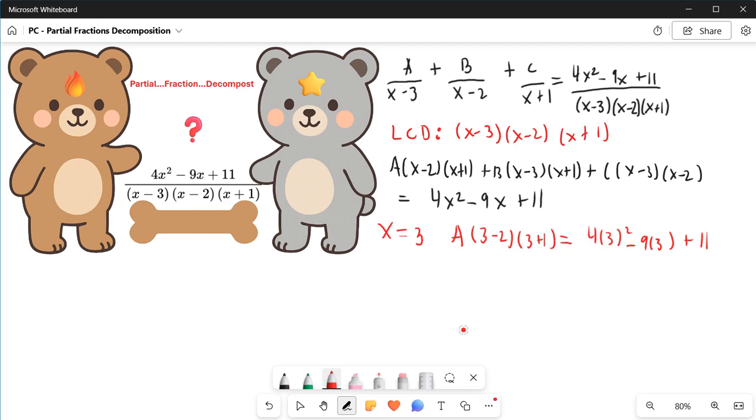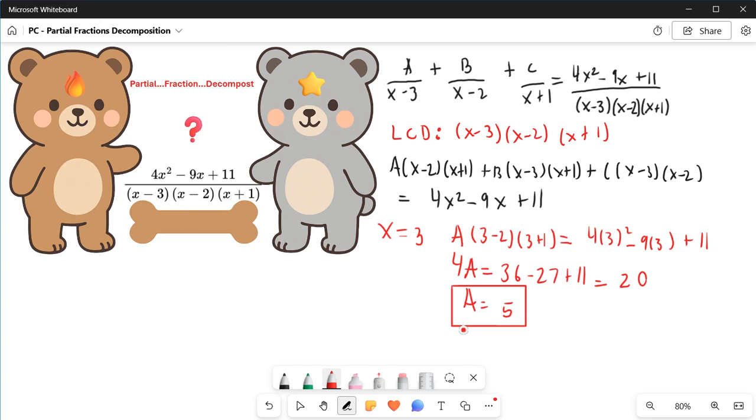So 3 minus 2 is 1, and 3 plus 1 is 4, so that's 4A. So 4A equals 36 minus 27 plus 11, and that's going to be equal to 20. So this gives us that A is equal to 5.